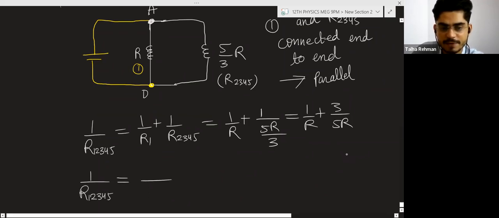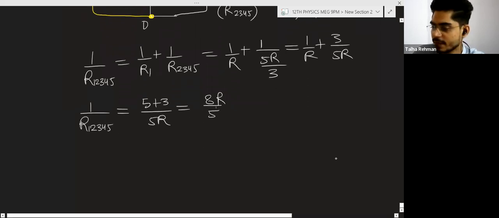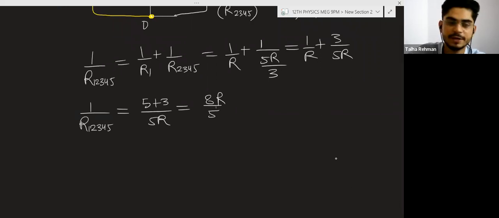Then here you will get 5 and here you will get 3. So you will get 8 divided by 5R, and the answer will be 5 by 8R.